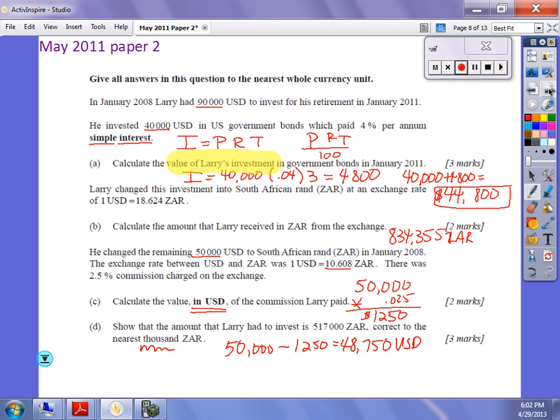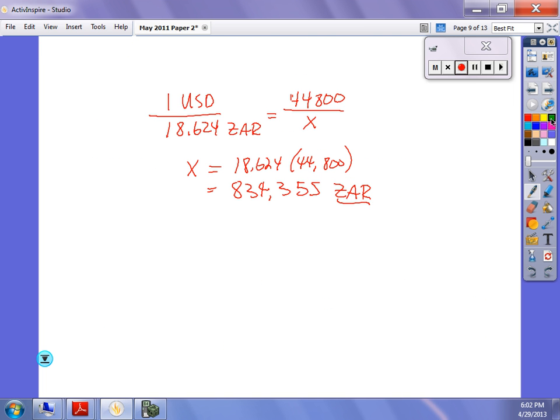So we're going to do another calculation with the different exchange rate. So I guess back in 2008, one US dollar, the conversion rate was 10.608 South African Rand.